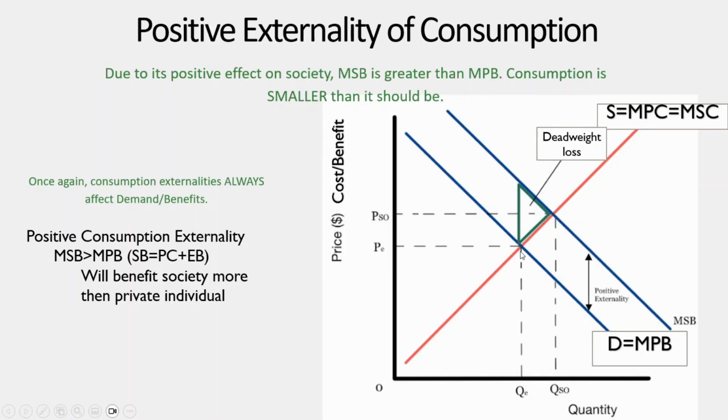And if you look right here, the way to make the deadweight loss is you start at the original intersection, and then you just do a dash mark up, which will create a deadweight loss triangle right here. For this one, supply equals MPC equals MSC. There's only one supply line, since this is looking at consumption.